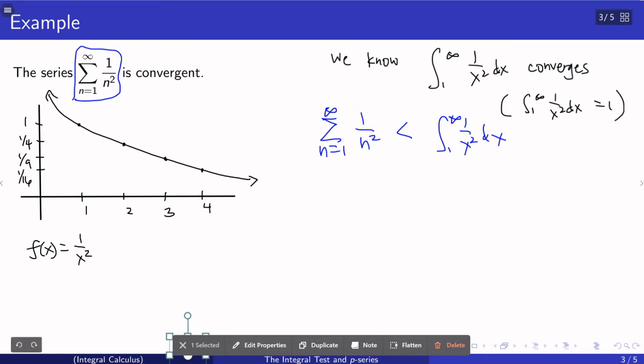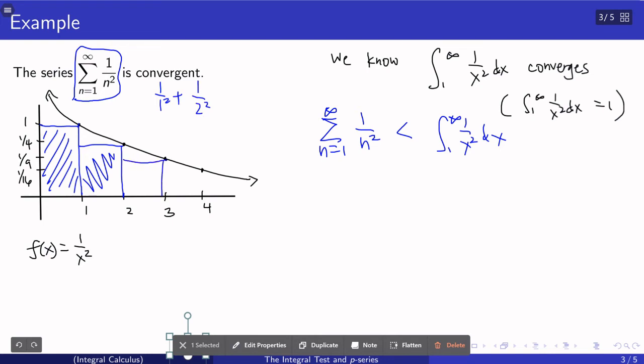Okay, so I'm going to do that. Instead, I'm going to take the right endpoint. Okay, I'm using blue for my rectangles. Use blue here. That's the first rectangle. All right, so that's 1 over 1 squared. This rectangle is 1 over 2 squared.